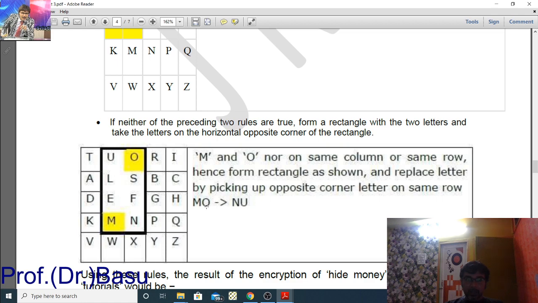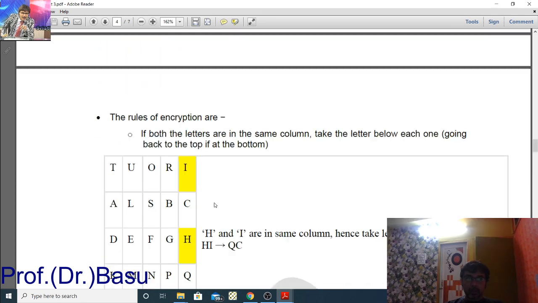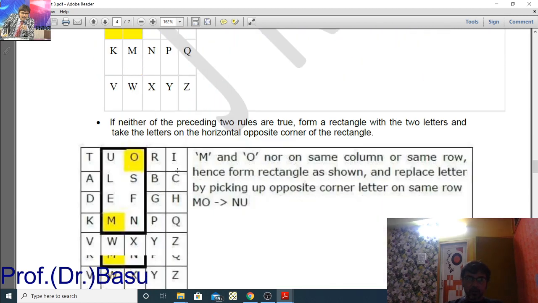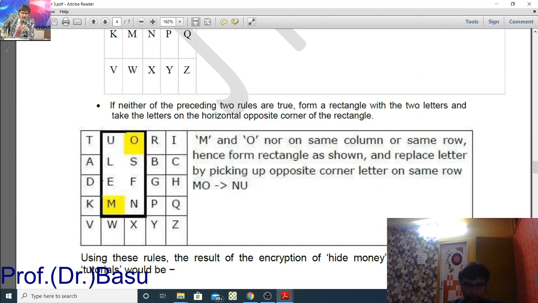See the next pair, MO. Check how we get M and O. We have to form a rectangle with M and O as corner elements. Take the letters on the horizontal opposite corners, since M and O are neither in the same column nor the same row, hence we form the rectangle.